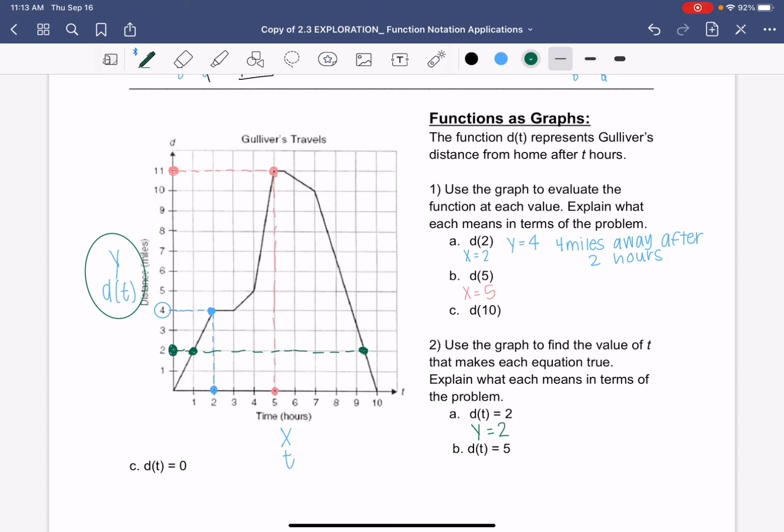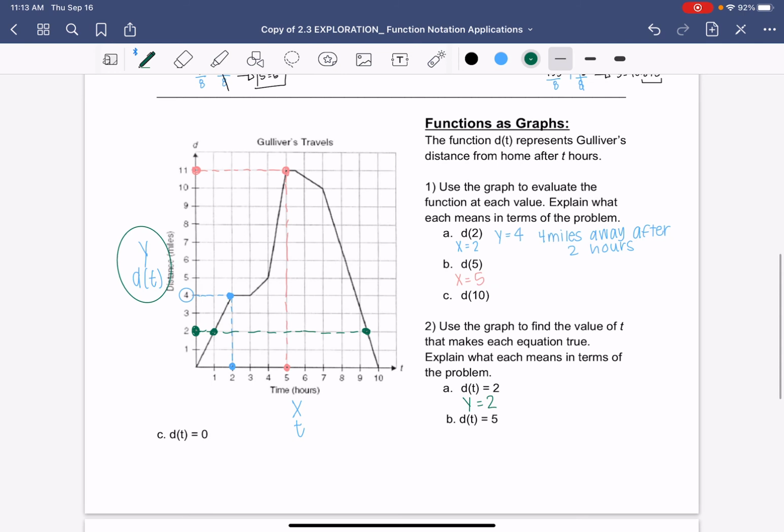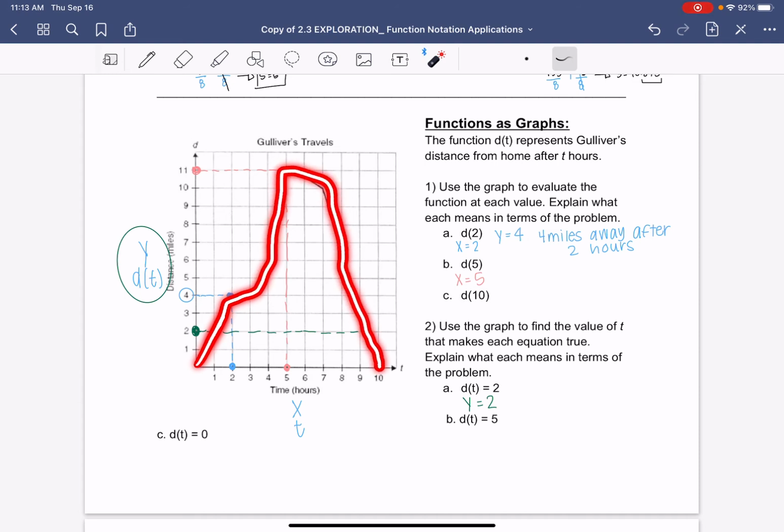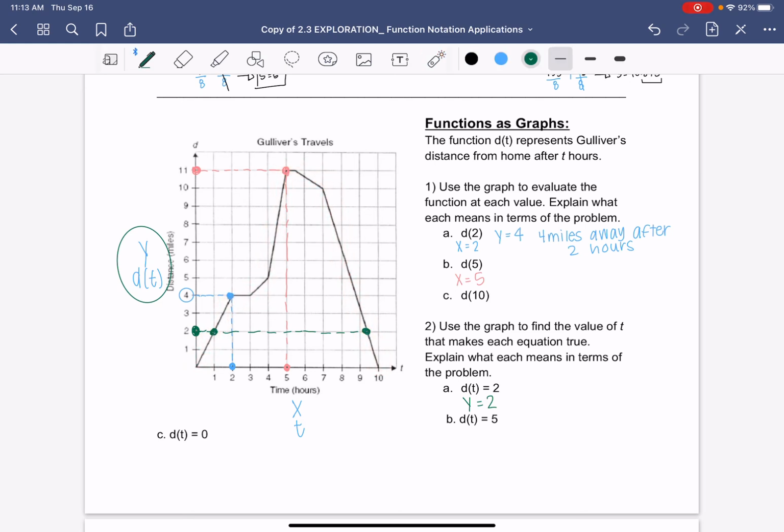Okay? So when you're talking about the y-axis, on questions like these, you are going to have 2 answers because this one finds its way back down to the x-axis. So be mindful of that. Each of these are going to have 2 answers.